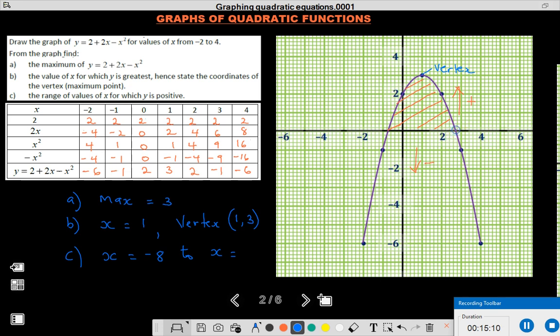Learn how to read the graph. So that point of the value of x is 2.8.